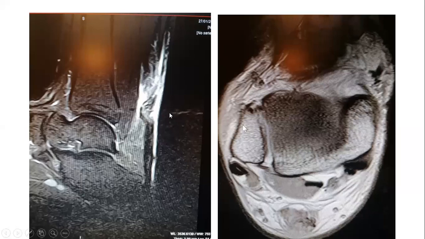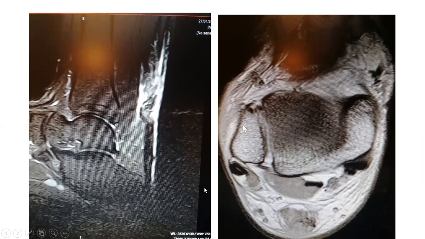So the dilemma we had initially was, if you're going to decide to go the surgical way or the non-surgical way, are our stumps still close together? Is this a complete rupture? Do we need to open and bring them together, or do we just go non-surgical, give a boot and allow the Achilles to heal on its own?